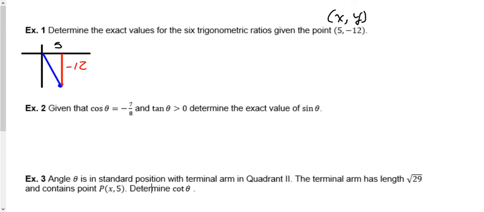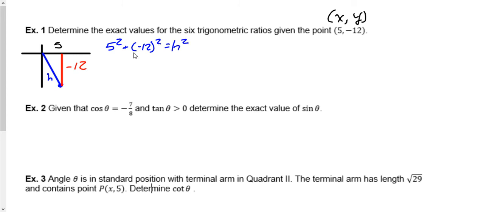My hypotenuse side I do want to find out, so let's use Pythagoras' theorem. Let's call our hypotenuse side h. So I'm going 5 squared plus negative 12 squared equals h squared, h for hypotenuse that is.